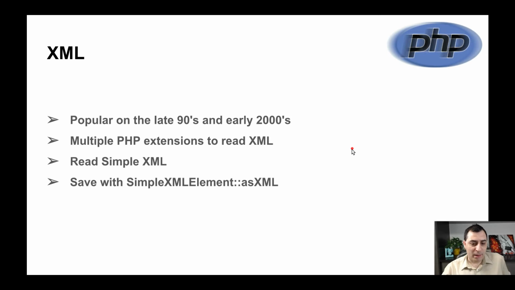Once you have read a configuration in XML format using the Simple XML extension, you could use the as XML function to save back to XML files if you want to actually change the XML, the configuration or the values, and save them back to files.